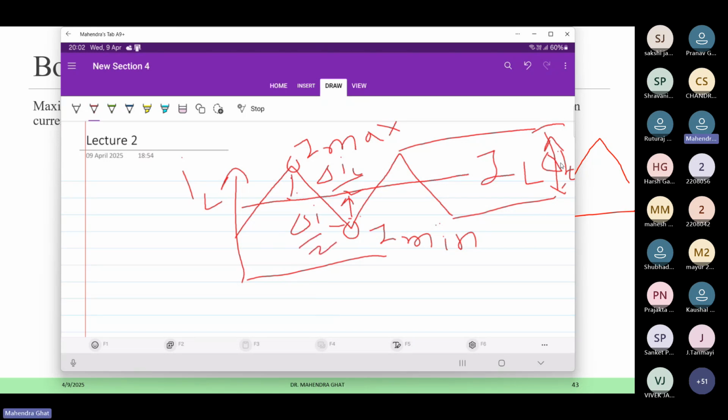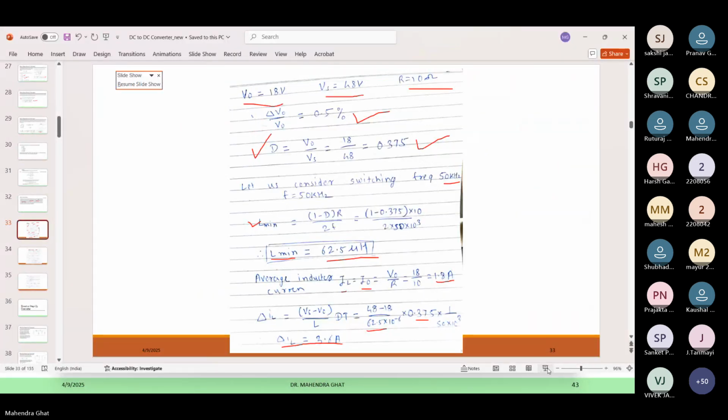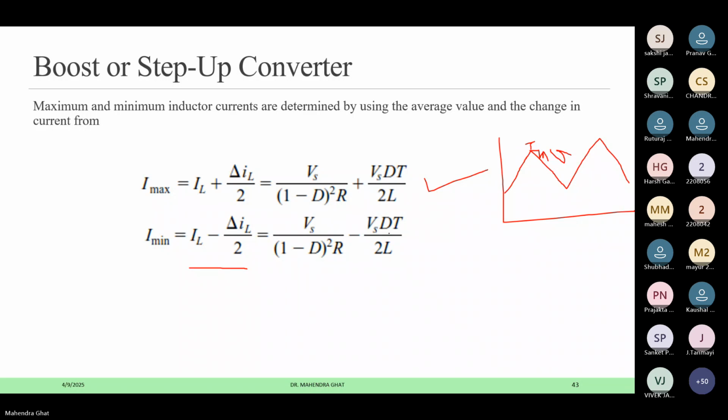So I max is this value plus this value, which is IL plus delta IL by 2. Similarly, for the I min, this value minus this value, so IL minus delta IL by 2, you will get the I minimum. By putting in the values, you can get the IL max and min.